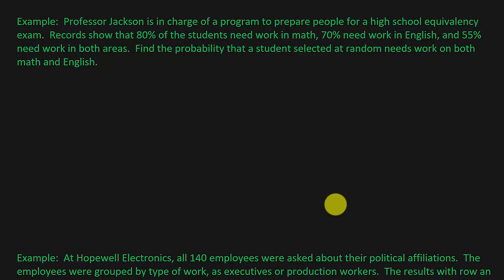Professor Jackson is in charge of a program to prepare people for a high school equivalency exam. Records show that 80% of the students need work in math, 70% need work in English, and 55% need work in both areas. Find the probability that a student selected at random needs work on both math and English.